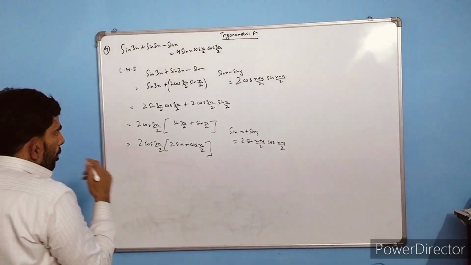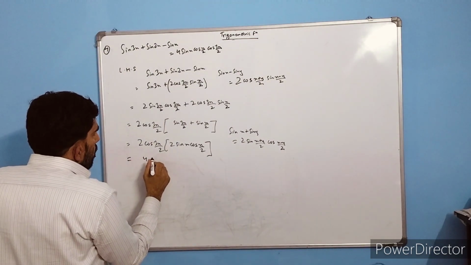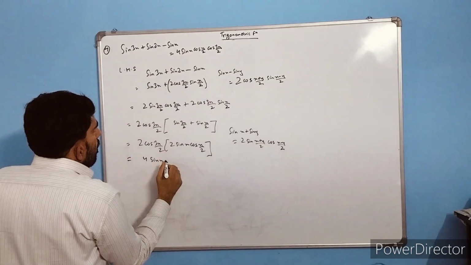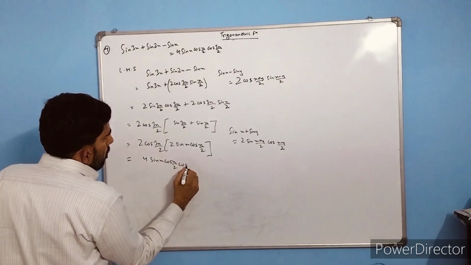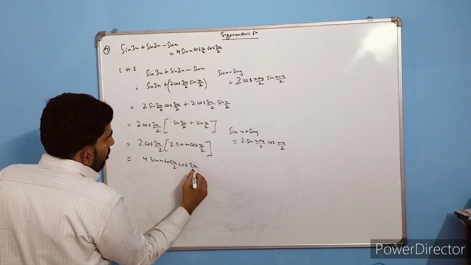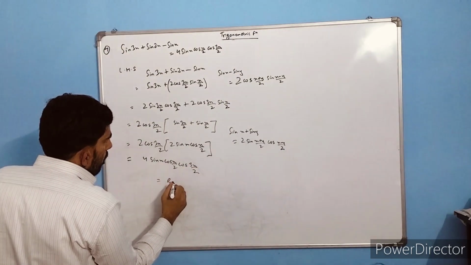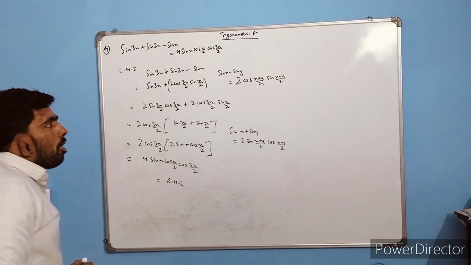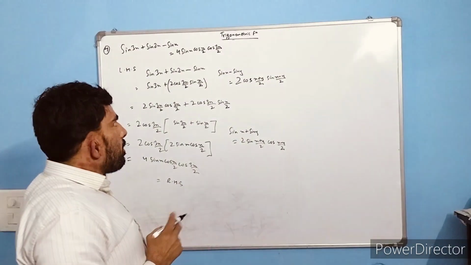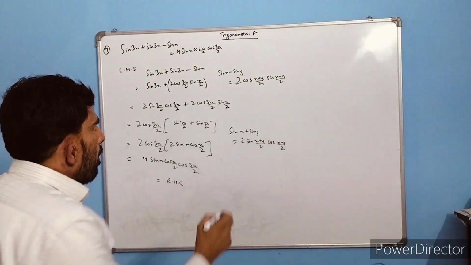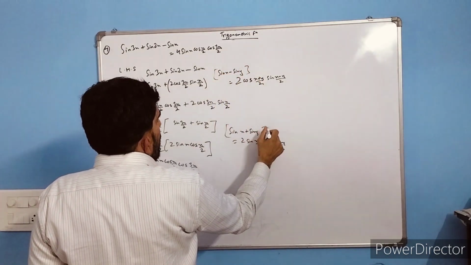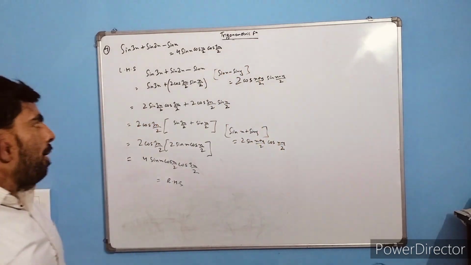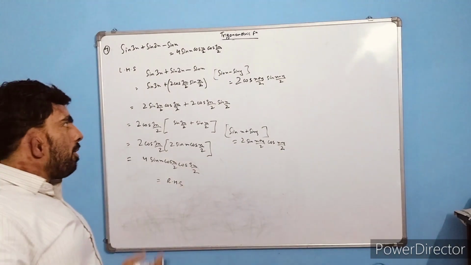What is asked about, that is 4 sin x, then cos x by 2 and cos 3x by 2. That is what they have asked. So here I have used two identities, that is sin x minus sin y and sin x plus sin y. So that is how, by using these two identities, I have solved this numerical.